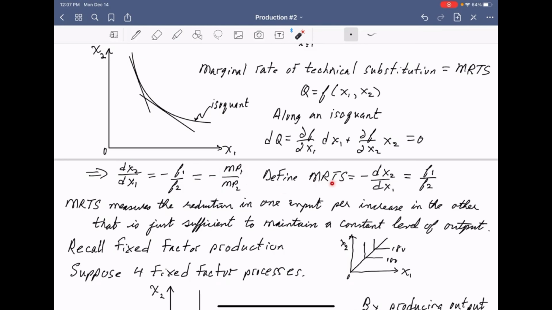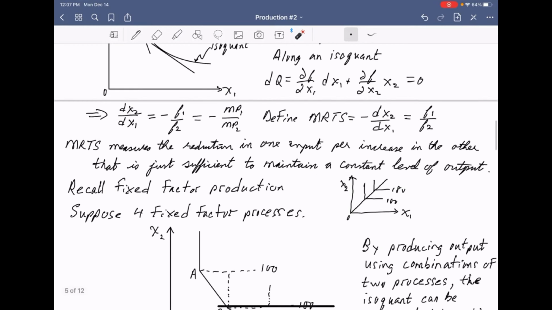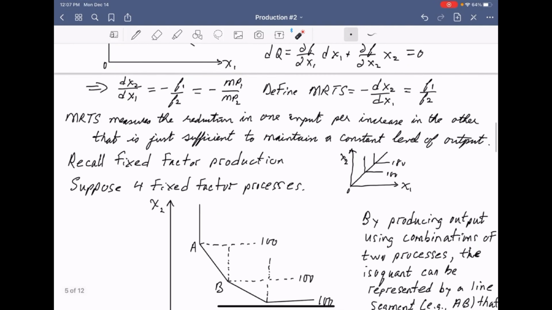And we define the marginal rate of technical substitution as the negative of the slope, so that it's equal to the ratio of the marginal products. The marginal rate of technical substitution measures the reduction in one input per unit increase in the other that is just sufficient to maintain a constant level of output.